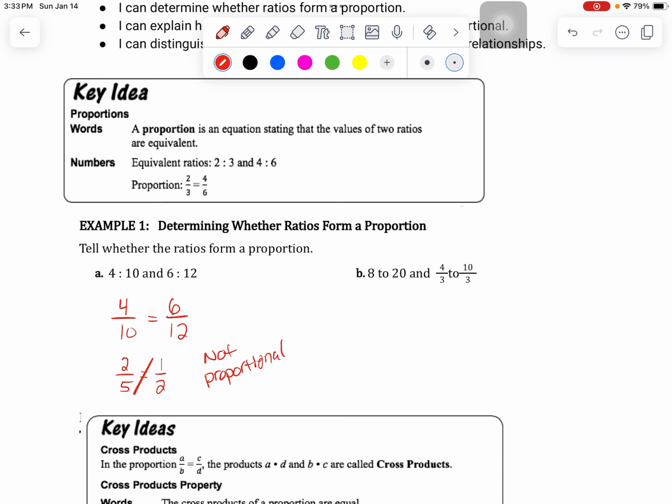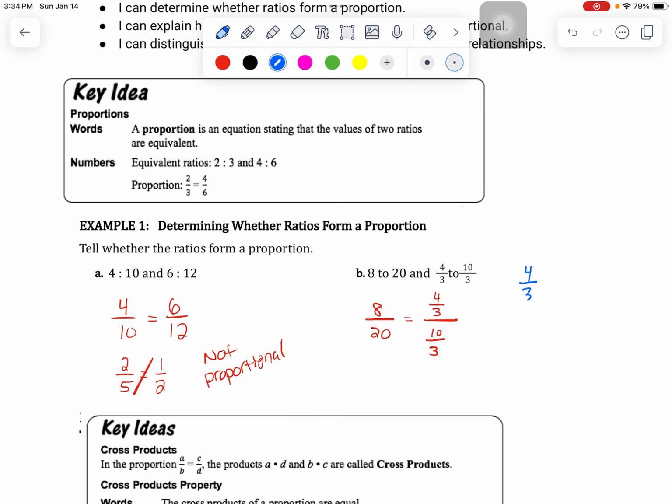Okay, on the other hand, if I compare 8/20 to, on the other side, we have 4/3 over 10/3. So if I simplify here, 4/3 divided by 10/3, I'm going to do that on the side.